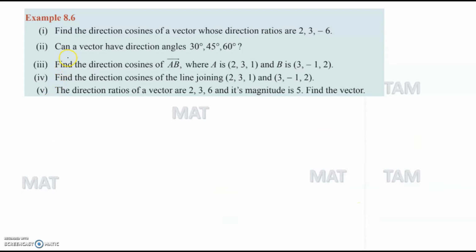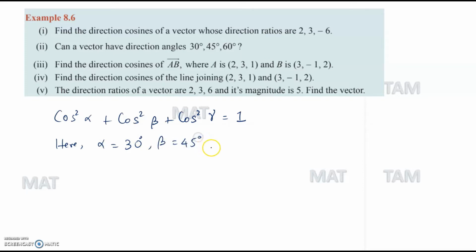The second part of the question is, can a vector have direction angles as 30 degrees, 45 degrees and 60 degrees? We know that for direction cosines, you need cos squared alpha plus cos squared beta plus cos squared gamma to be equal to 1. And here alpha is equal to 30 degrees, beta is equal to 45 degrees, and gamma is equal to 60 degrees.